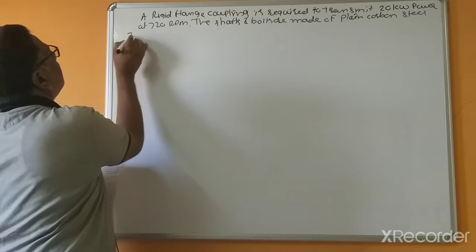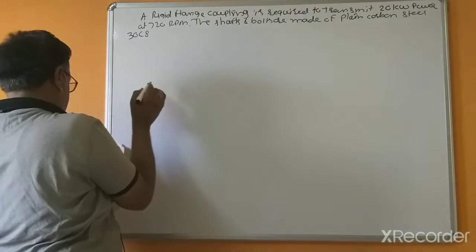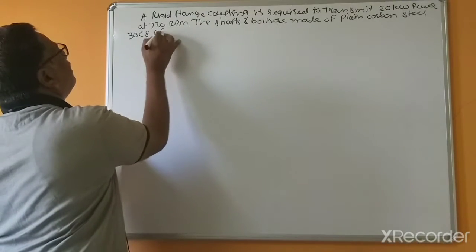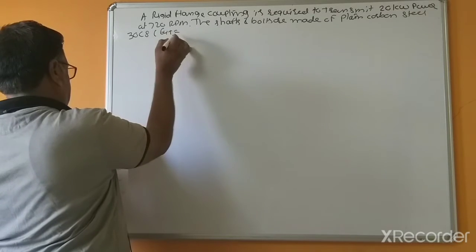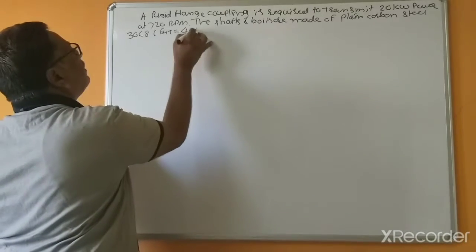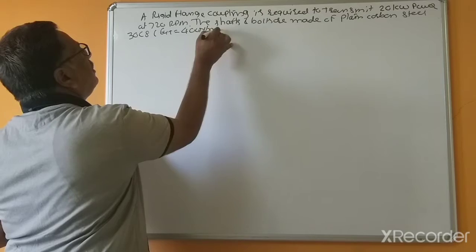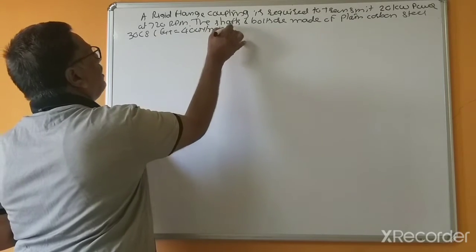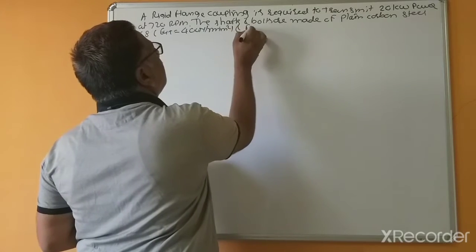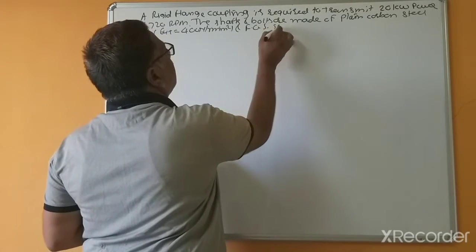(30C8), sigma YT 400 Newton per mm square, and factor of safety is 4.